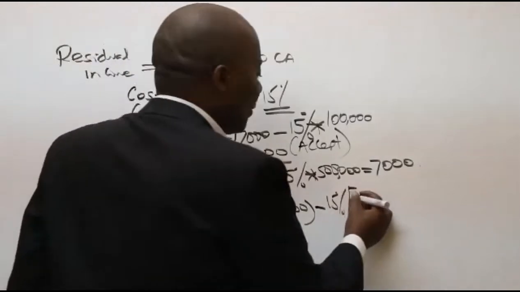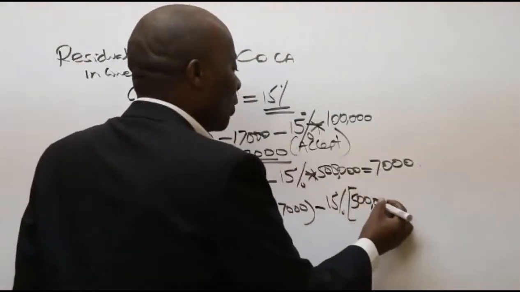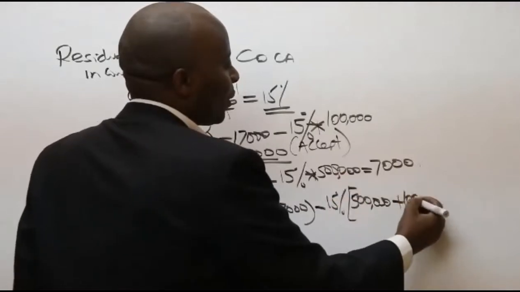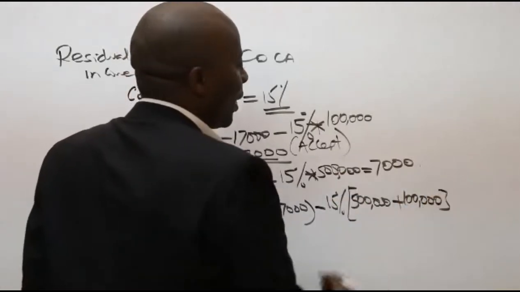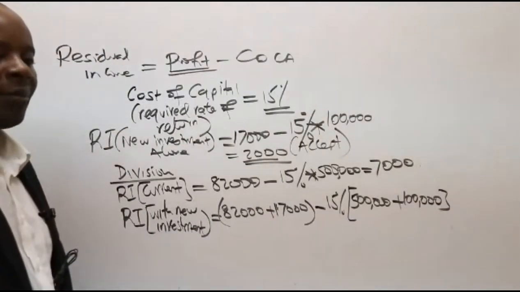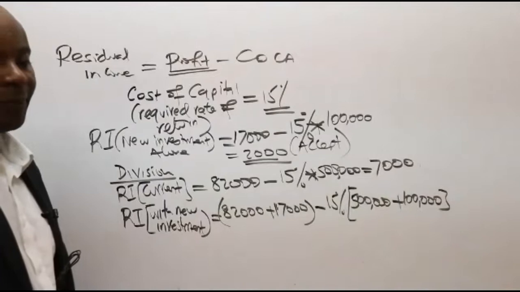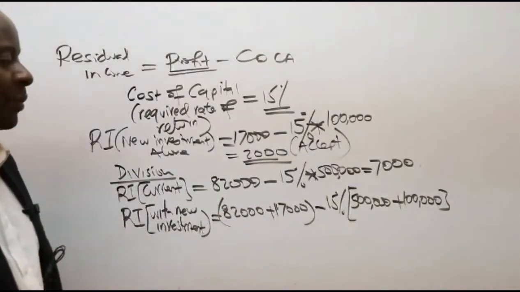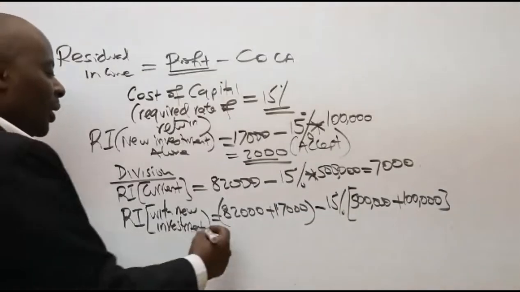The total investment now will be 500,000 plus the 100,000 going into the new project. The residual income with the new investment is 9,000.